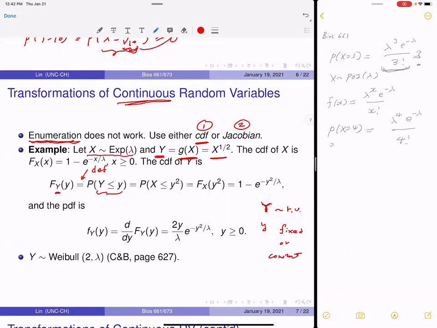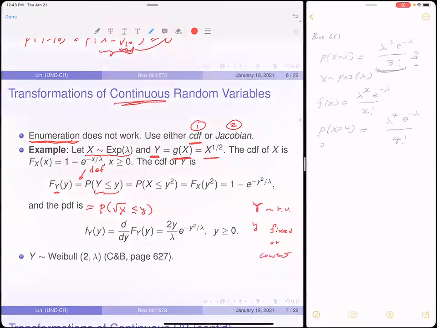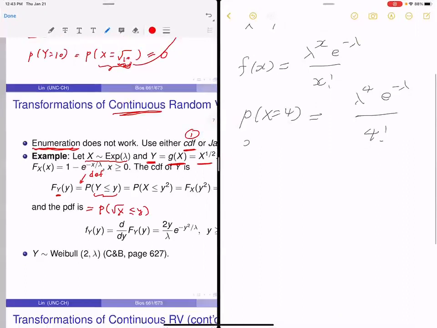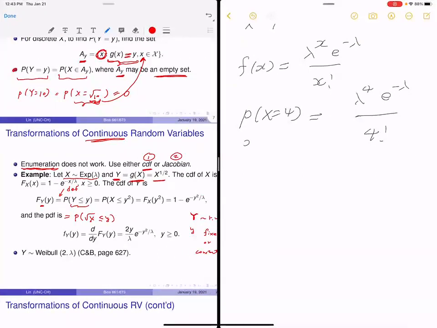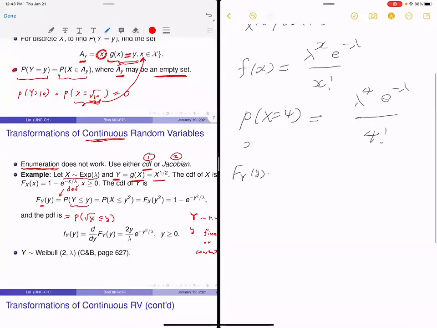Because Y smaller than little y right here, let me write it this way, so you guys would have a clear picture. So F_Y(y), based on the definition, I have capital Y smaller than little y.